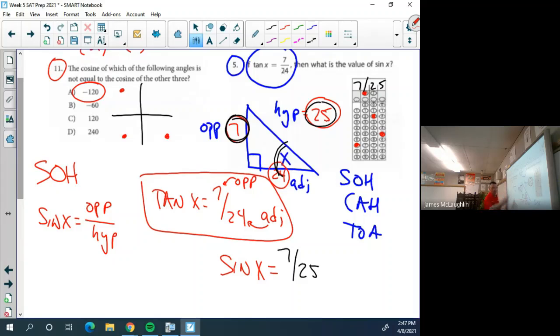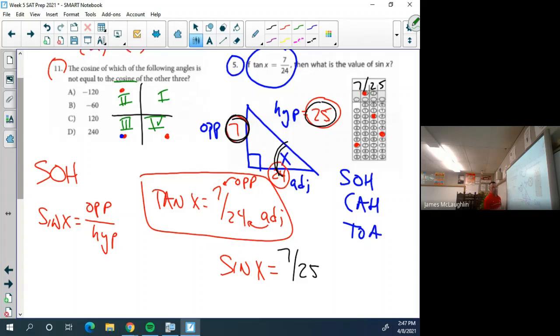And then, of course, 240 degrees would also get us right over here. All right, so if we look at the angle measurements and we think about their cosine value, the big thing about this problem is cosine is going to be the same value, as far as being positive or negative, when you look at your quadrants 1, 2, 3, and 4.